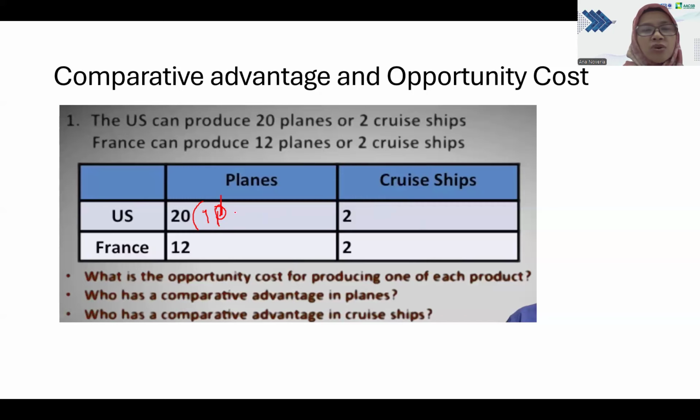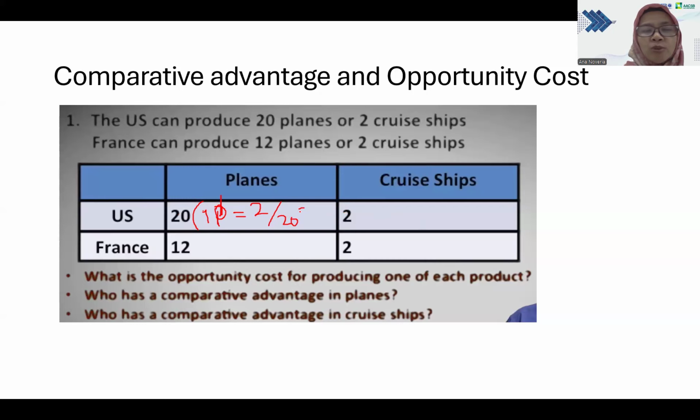Because the US produced 20 planes, that means the opportunity cost is 2/20, or 1/10.